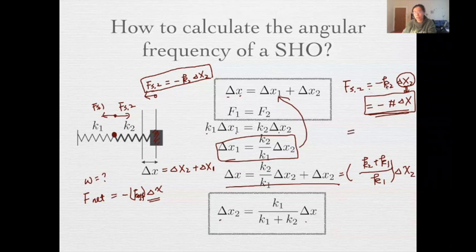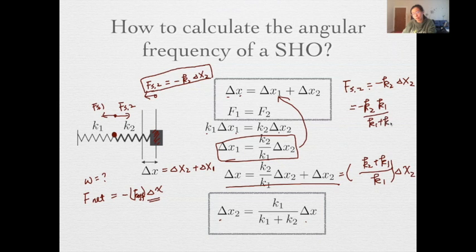I'm gonna erase, this is my goal, and I'm gonna slowly migrate to my goal. Now I know my delta X2 is nothing but this guy times delta X. Then that means this whole thing, this giant stuff, is my effective K, right?